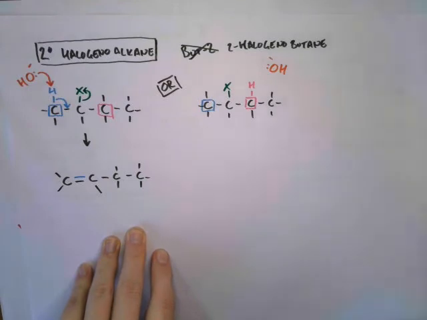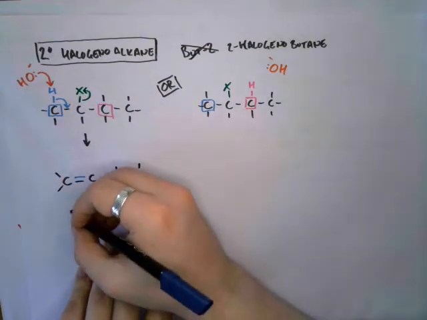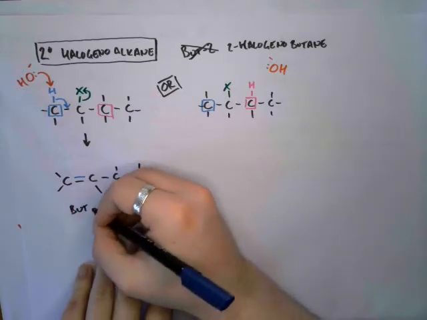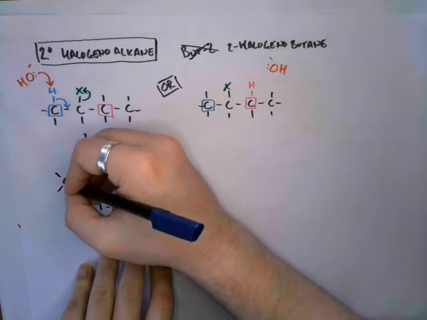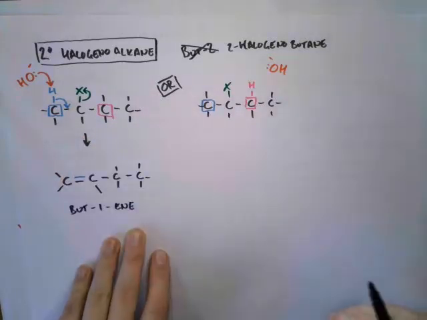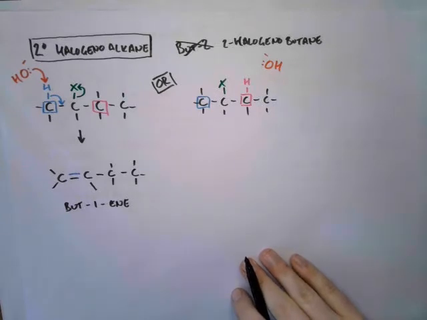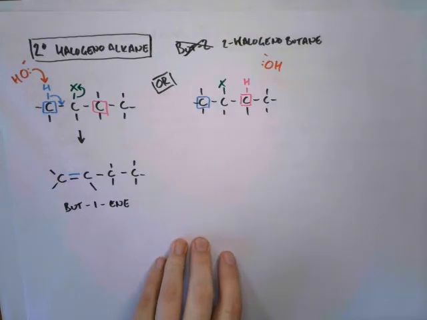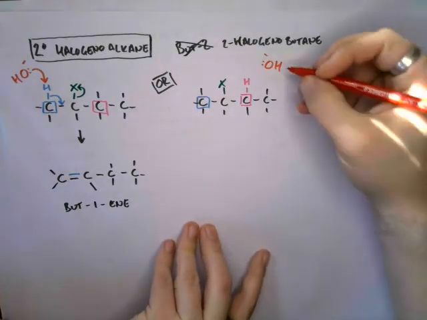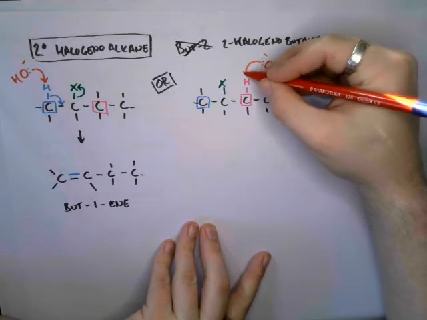And again, if we look at that, because it's on the first carbon, so this is going to be but-1-ene. Because it's on the first carbon and these are both hydrogen, there is no opportunity for EZ isomerism, geometrical isomerism, to occur. Alternatively, if we look at this side, I'm going to go through the same process. Hydroxide acts as a base, it attacks the hydrogen on neighbouring carbons.